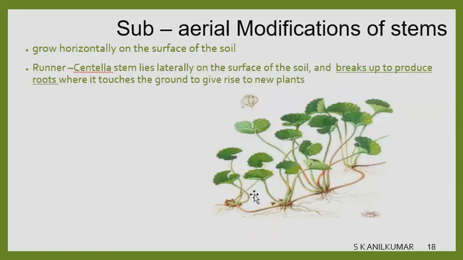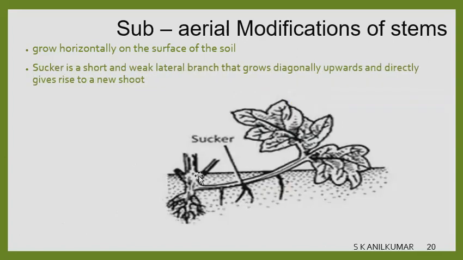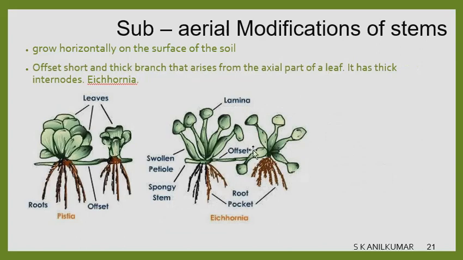Here, on the surface, the branch grows laterally and then breaks up to produce the roots. So the branch produces roots here. Here the branch bends down to the ground so that it can give support and grow roots. And here it grows laterally upward to form a new shoot. These are the modifications of the stems.